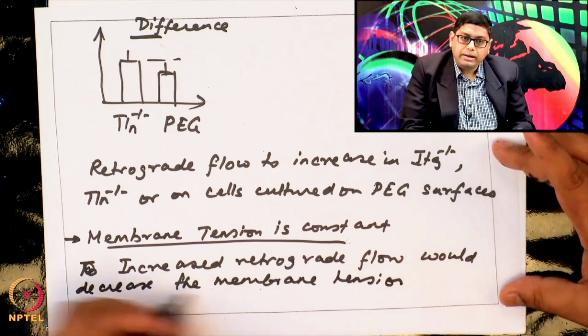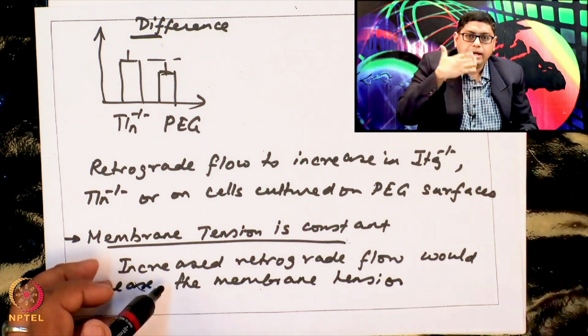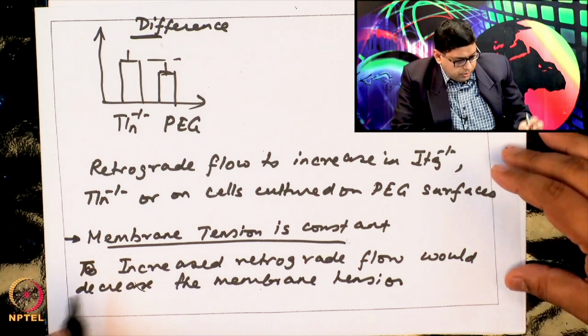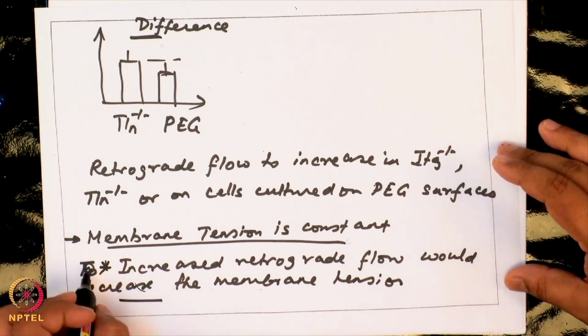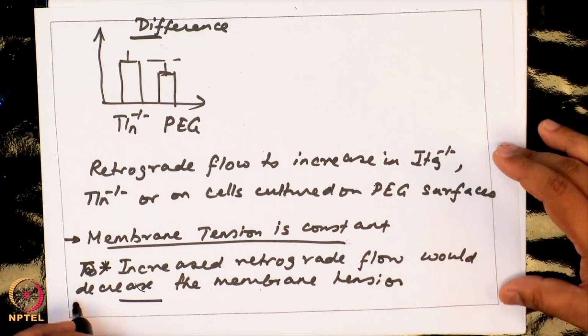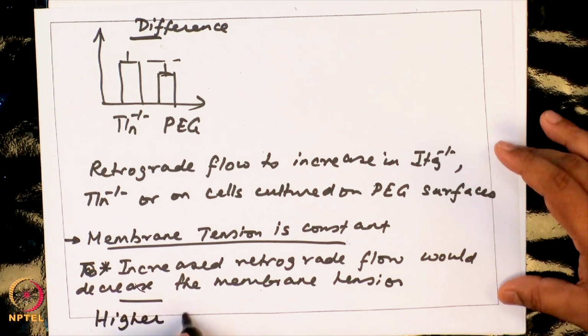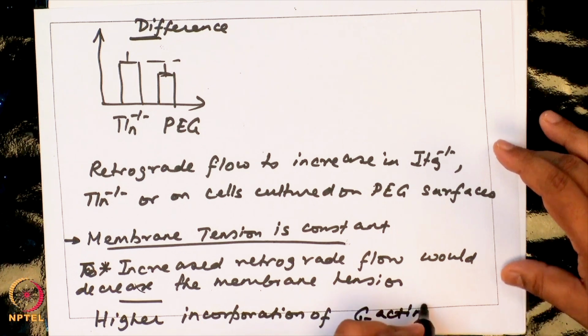So how can you maintain the membrane tension constant? By adding more monomers or by increasing the rate of polymerization. Since retrograde flow is high, for this to be constant, you can have higher incorporation of G actin into filaments.